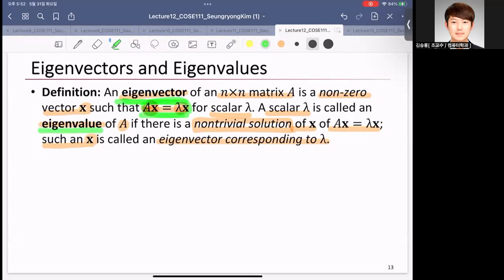If there exists a non-trivial solution x of Ax equals lambda x, then in this case, x is called an eigenvector corresponding to lambda. This is just a definition.